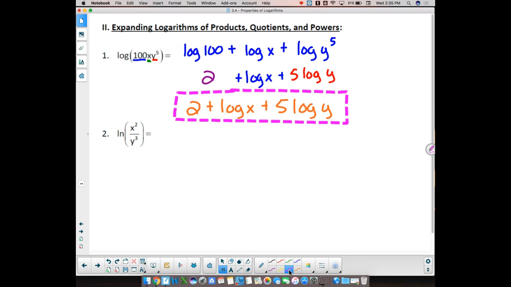A quotient one, so this would be the natural log of x squared minus the natural log of y cubed. Apply power properties. 2 natural logs of x minus 3 natural logs of y.